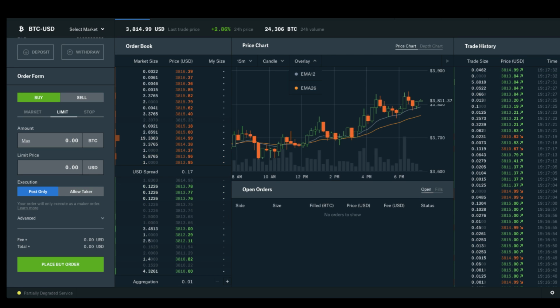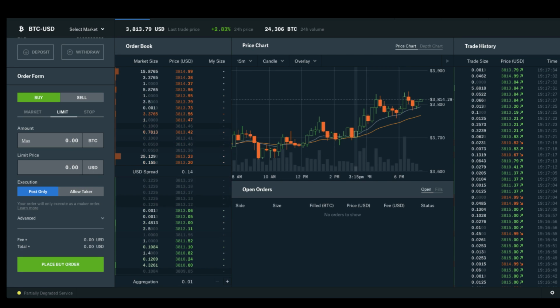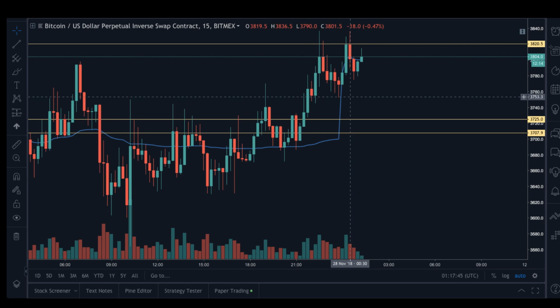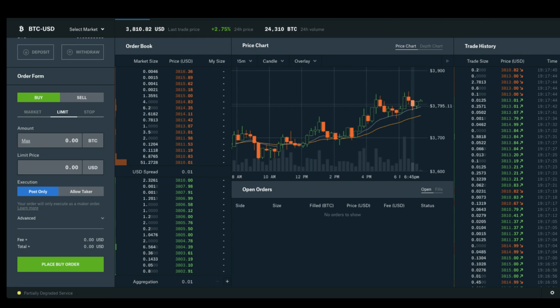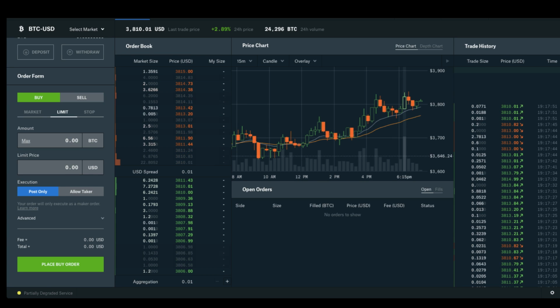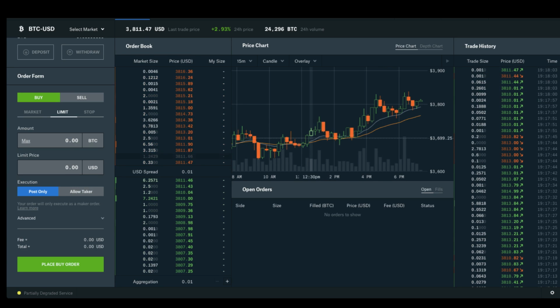The chart that they offer is not that good. I would recommend using something like TradingView to get more detailed, but just for a quick run of the mill look at the candles, this is going to work. You can also overlay moving averages, so they have the 12 and the 26. They have the volume down at the bottom, but then there's a thing called your moving average crossover.